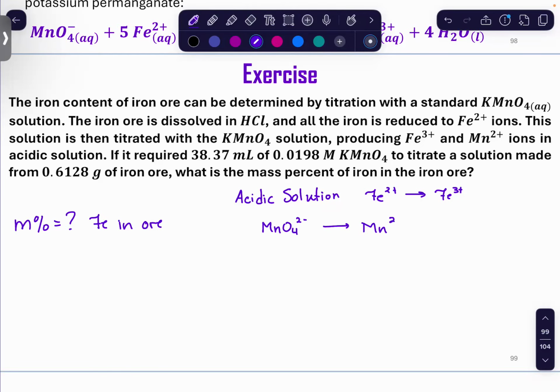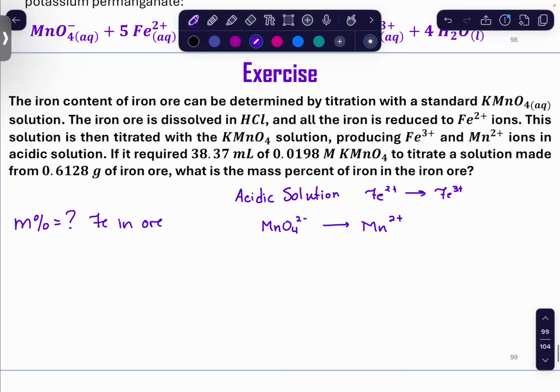Manganese 2. Okay, and remember, our square brackets mean concentration, because I'm tired of writing capital M, and we have so many of them, I don't want you to get confused. So this bracket means concentration, so that it's 0.0198 molar.